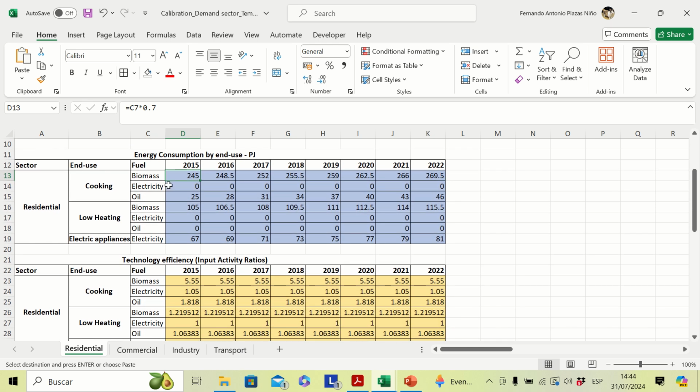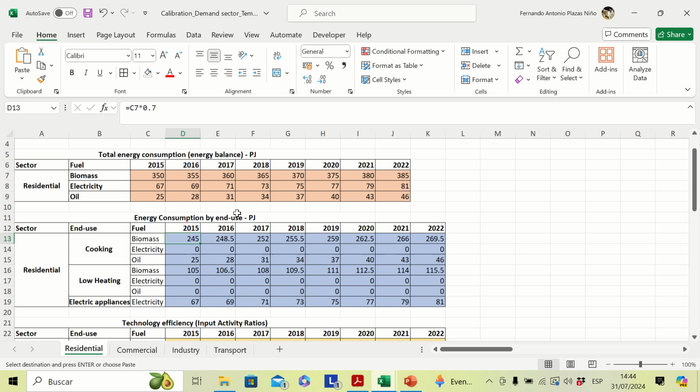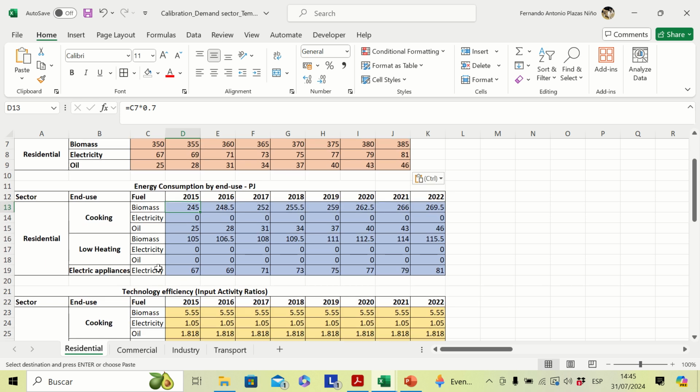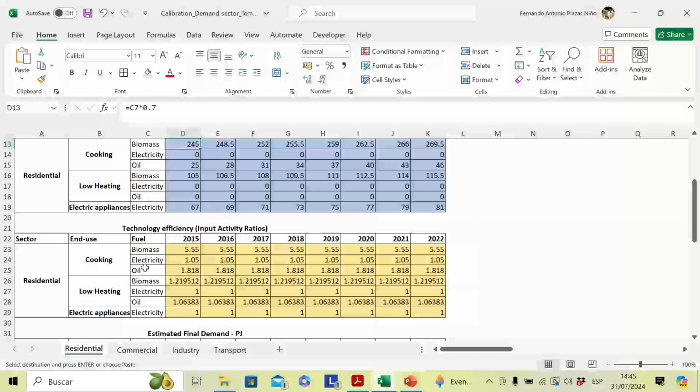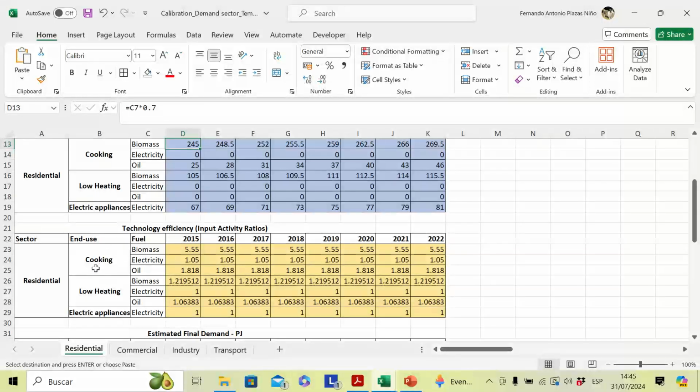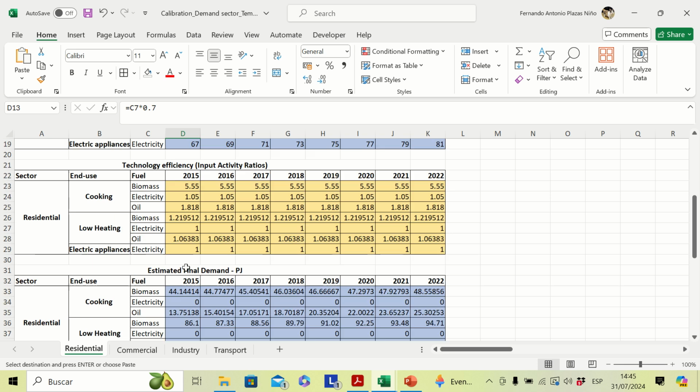Now, this is the energy consumption in use, so the difference is that these consumptions are split into different energy services, essentially cooking and space heating. After that we have the input activity ratios for the different technologies, like for example in cooking we have a biomass stove, electrical stove and oil stove, and so on.